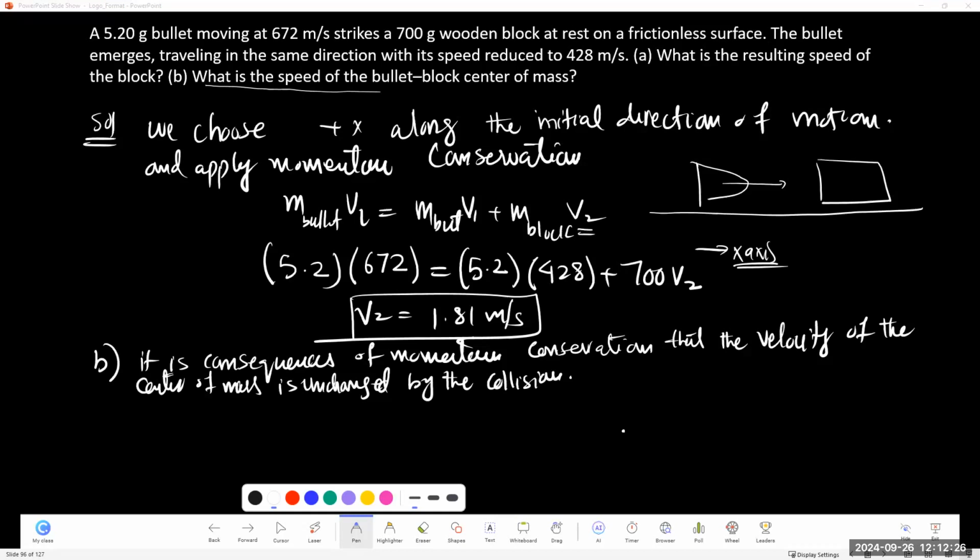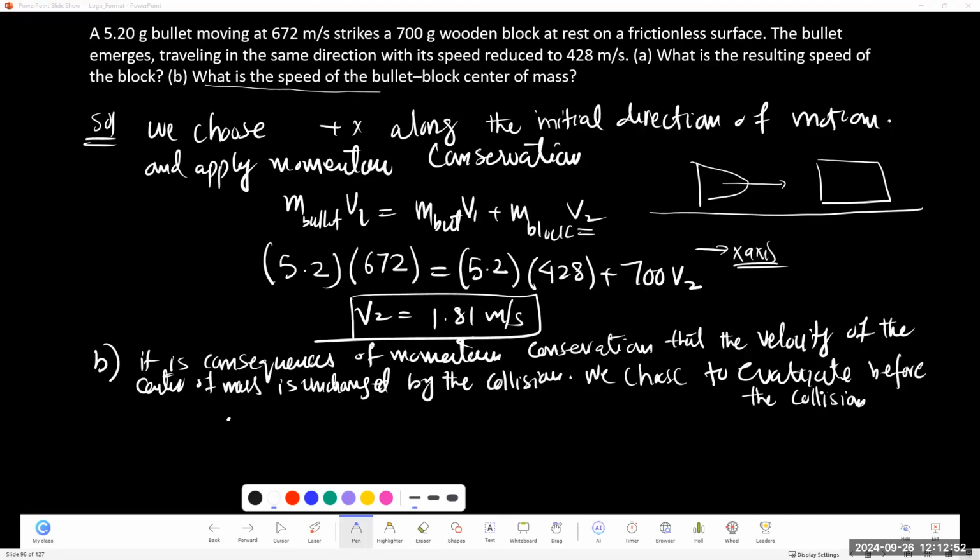We choose to evaluate it right before the collision, when the bullet and block are not colliding.